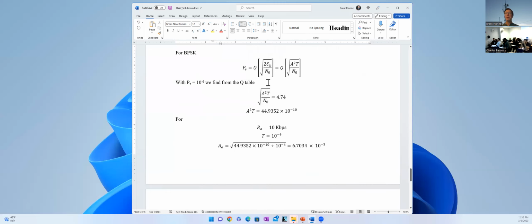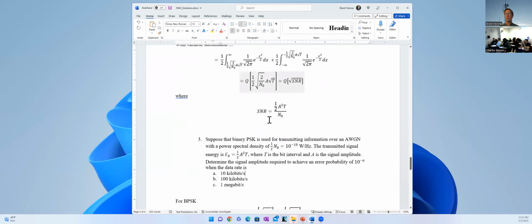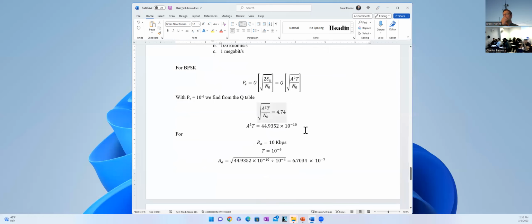So for BPSK, we can just use this Q function, and you can go back and look at where we're comparing this term from the previous problem. Now we were given this information inside here. With probability of error equal to 10 to the minus 6, you go into the Q table and work backwards.